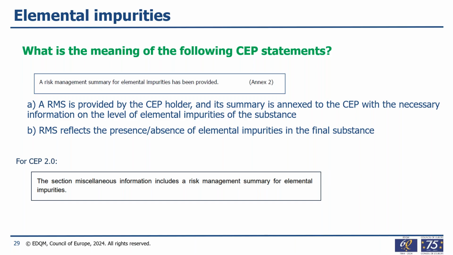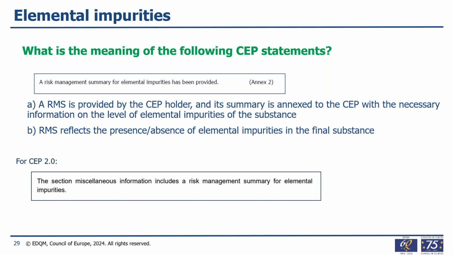You may see the following statements on the CEP. A risk management summary for elemental impurities has been provided. It applies for old and hybrid CEPs, or the section miscellaneous information includes the risk management summary for elemental impurities.